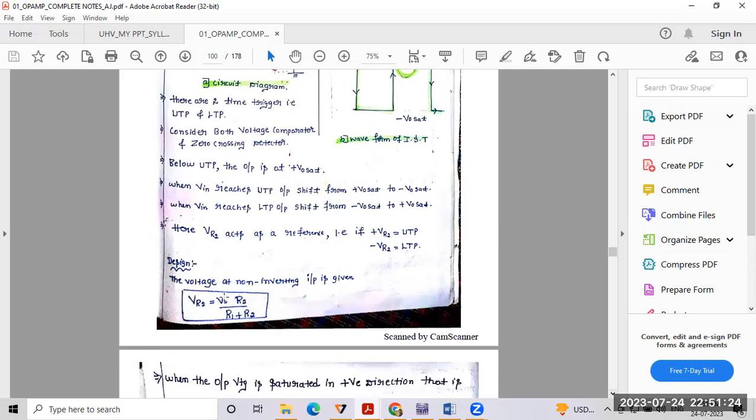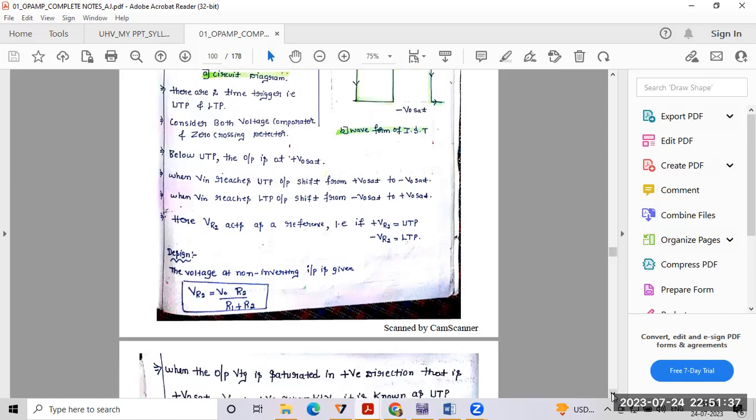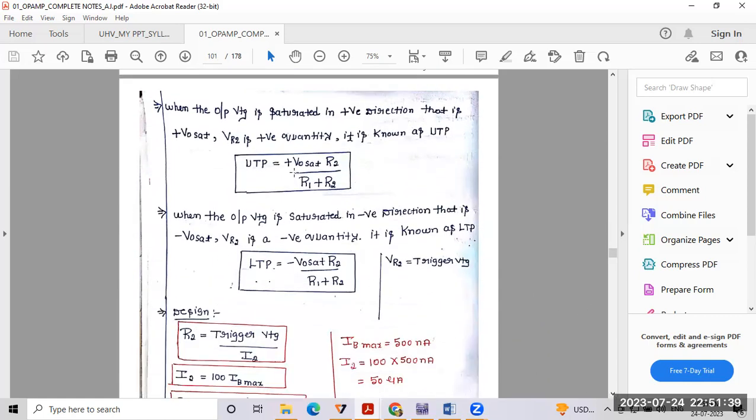You need to apply the voltage divider rule across R2: VR2 equals V0 into R2 divided by R1 plus R2. VR2 is UTP, equal to plus V0 saturation, R2 divided by R1 plus R2, and LTP equals minus V0 saturation, R2 divided by R1 plus R2.